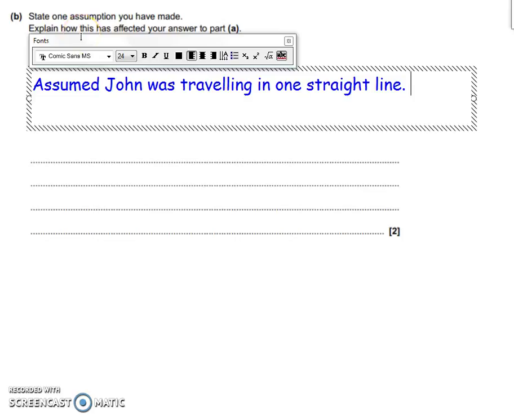Now, because we've assumed he's going the most direct way in a straight line, our answer to part A is an underestimate. Okay, so we could put the answer to part A was an underestimate.